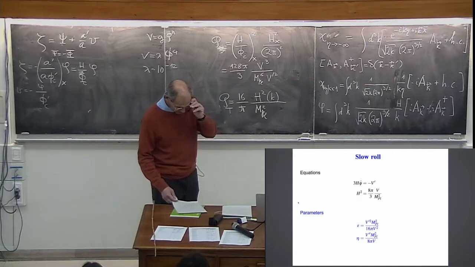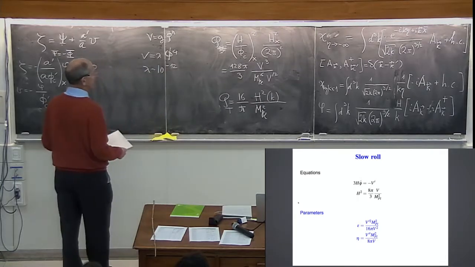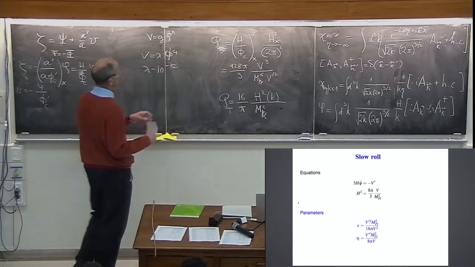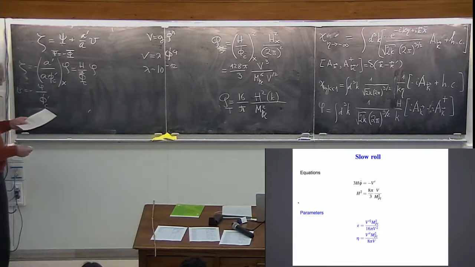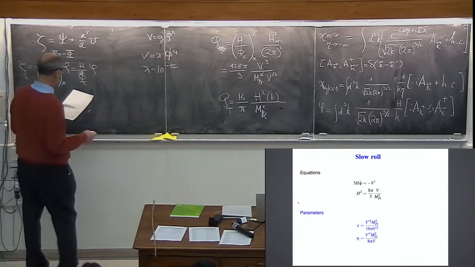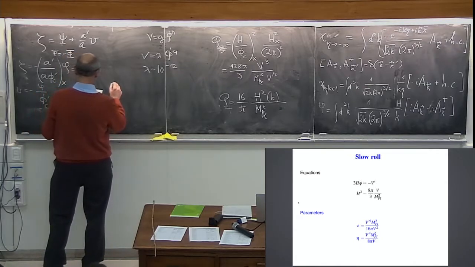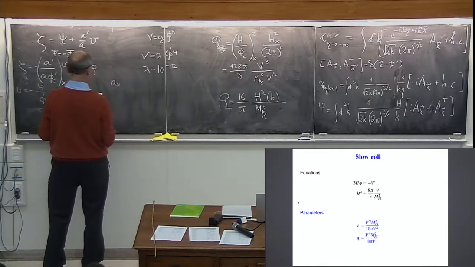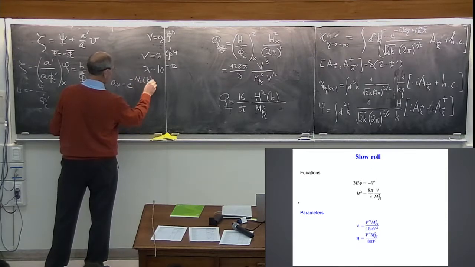But if you agree to live with that, you also can calculate tilts, the dependence of this P on k. How do I calculate that? Well, I know that the a at crossing is e to the minus N_e, and it depends on k, right?